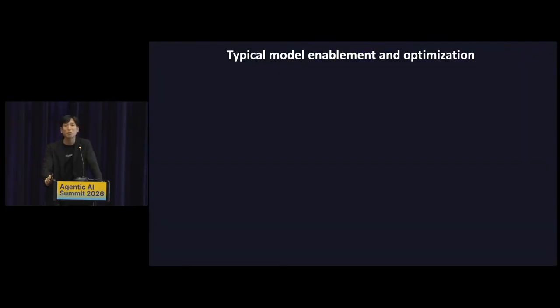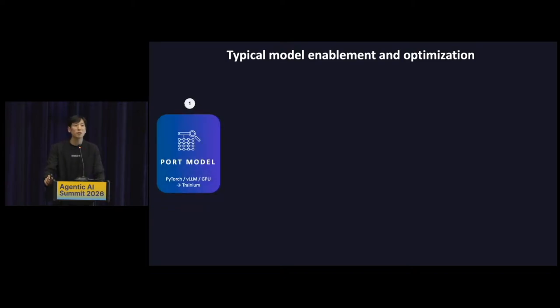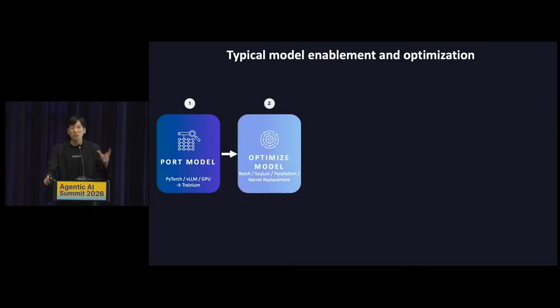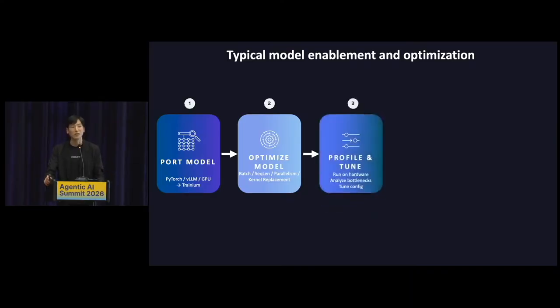So what does a typical model optimization loop look like? Well, you start by creating a functional model on the custom hardware, and then you turn some knobs on the model level and harness level configurations, such as changing the parallelisms, sequence lengths, and batch sizes, and then you profile that. You see how the performance is, and based on that, you go through a loop. You change more things. At a certain level, you're going to maximize what you can get from these out-of-box knobs.